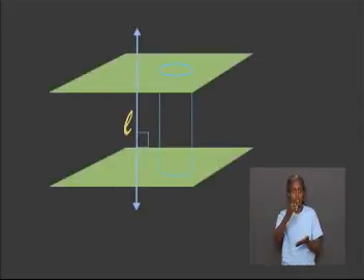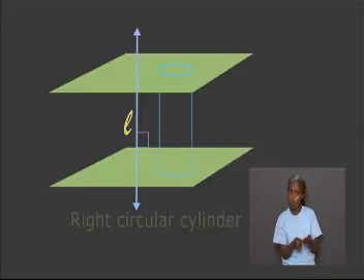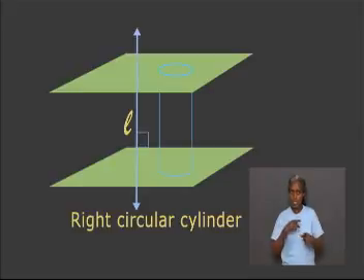The shape of the base of the cylinder determines its name. In this figure, the base is circular. So, what we have is a right circular cylinder. Throughout this lesson, students, when we use the term cylinder, we will consider it to be a circular cylinder.